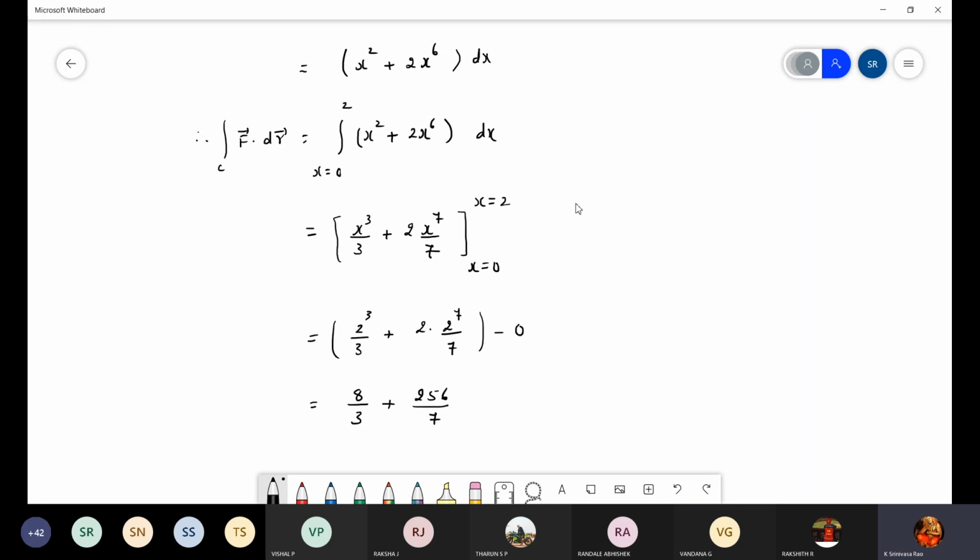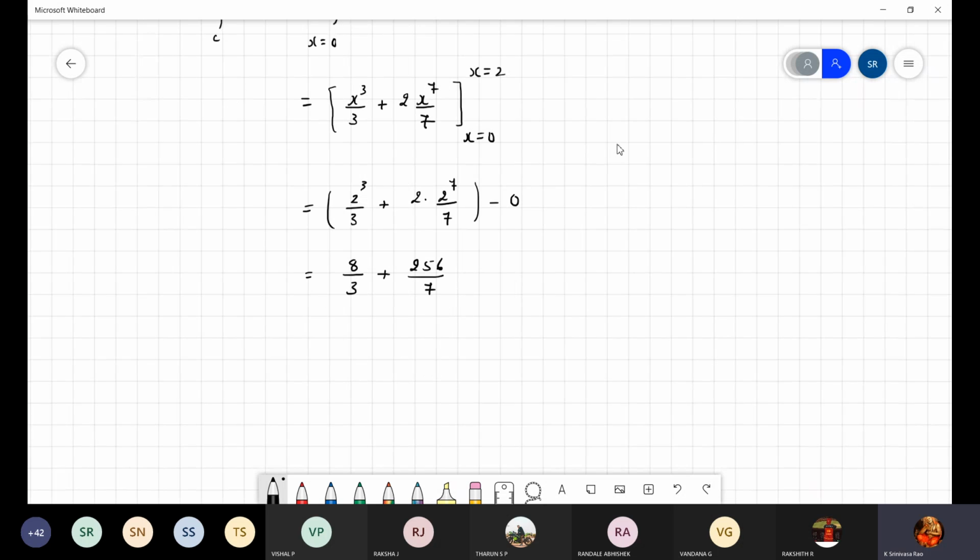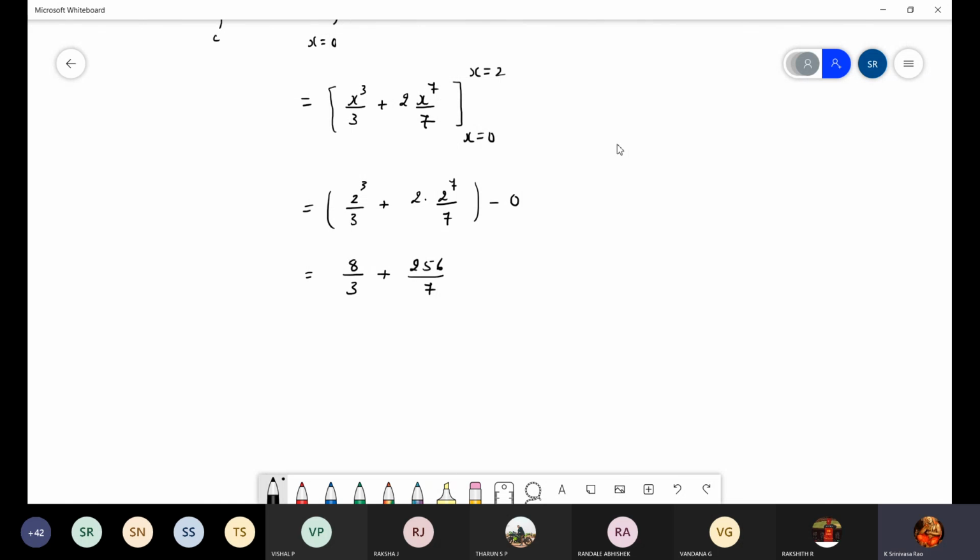256 divided by 7. So finally, if you take LCM, let it be in fractional form, don't write in decimal. So 21 is the LCM, since both are prime numbers, 3 and 7. It is not divisible by any number other than 1 and itself, that we call a prime number. So 7 3s are 21.